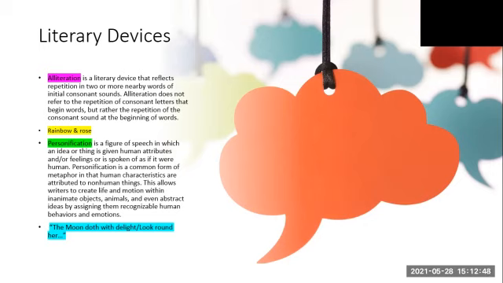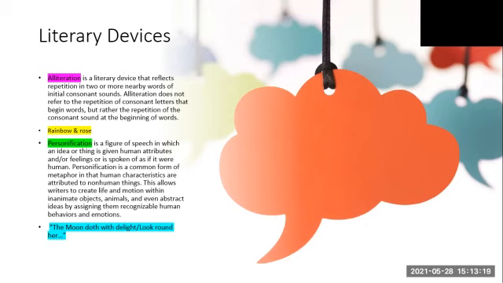We compare something. Here we are comparing the moon, for example, to a lady. The moon doth with delight look around her. So we are endowing, the poet is endowing nature with human characteristics. The moon is non-human, but here it's endowed with human characteristics.